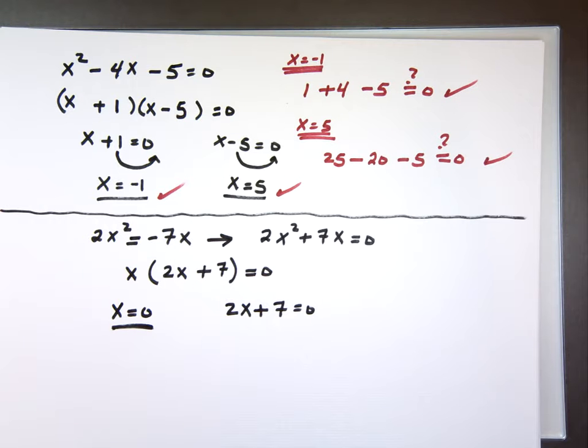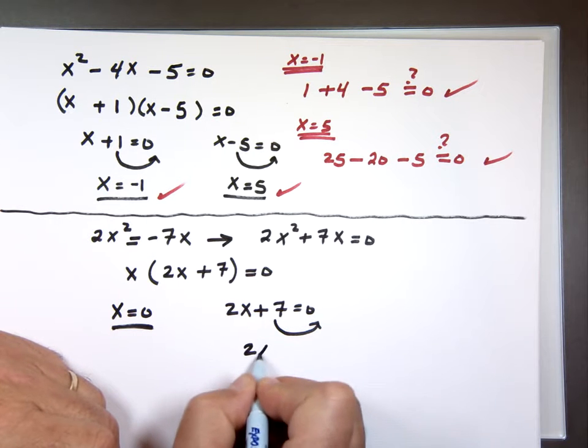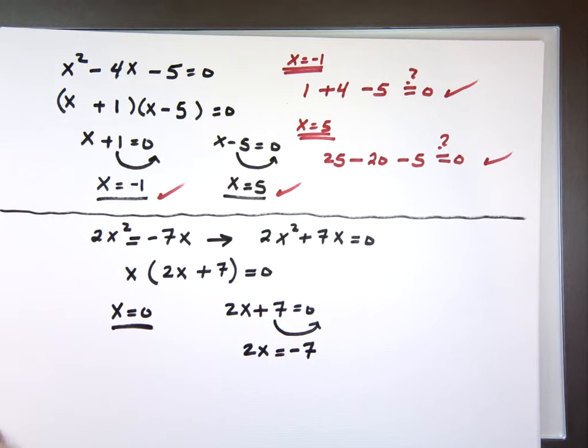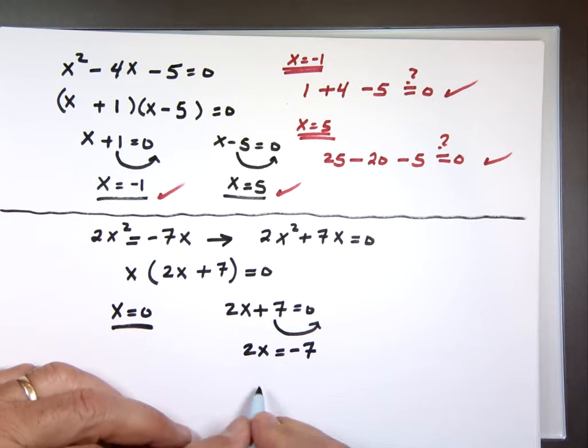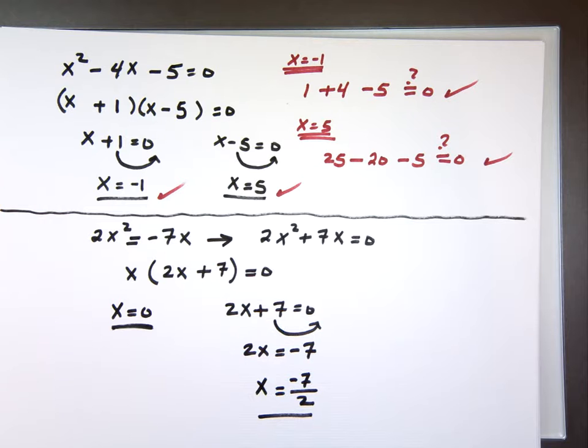Now the other one, I have to move the 7 to that side, and that becomes 2x equals what? Negative 7. And to solve for x, x will be what? Negative 7 over 2. So I found two solutions to that problem: the 0 and the negative 7 over 2.